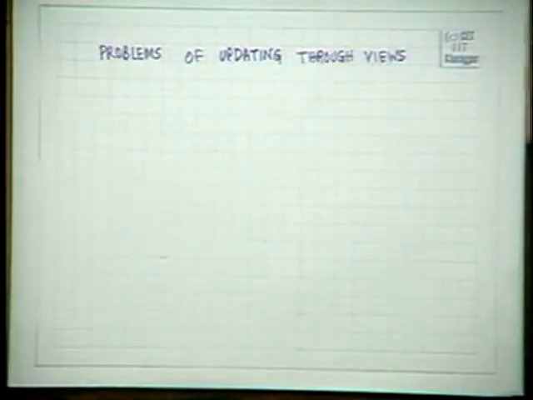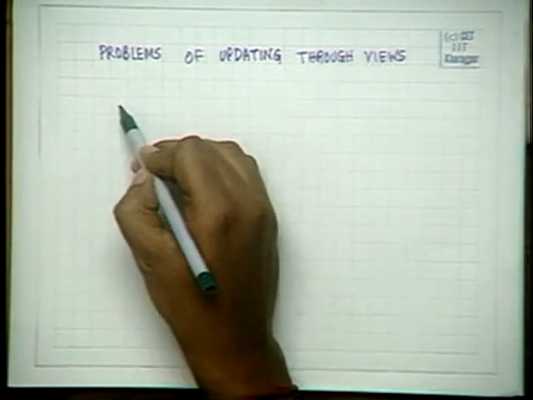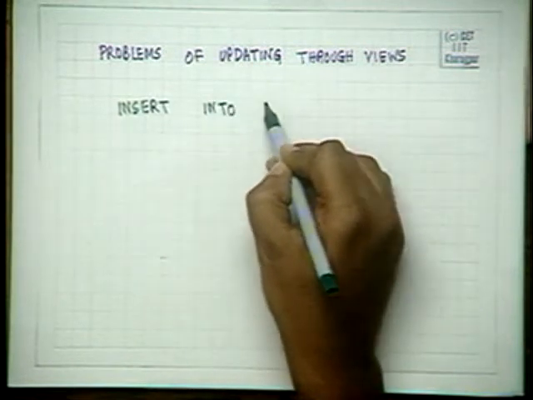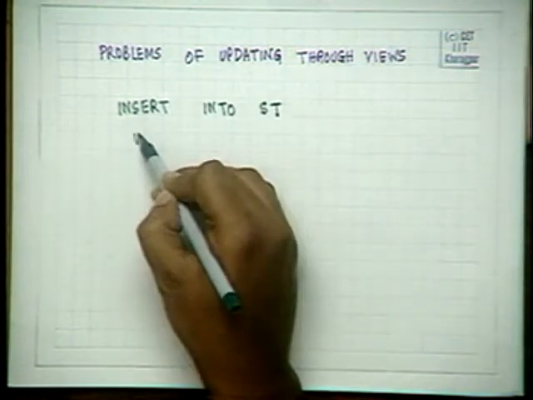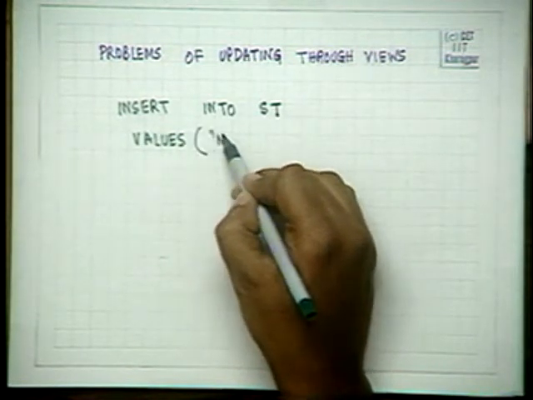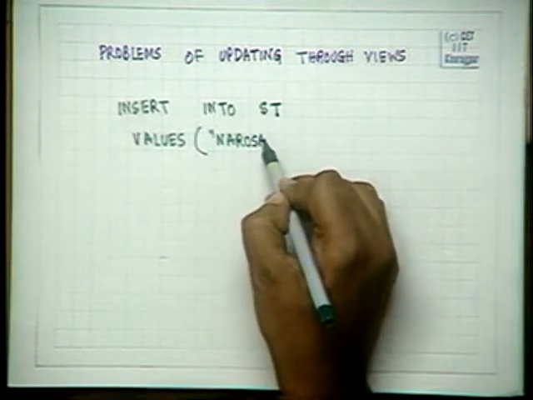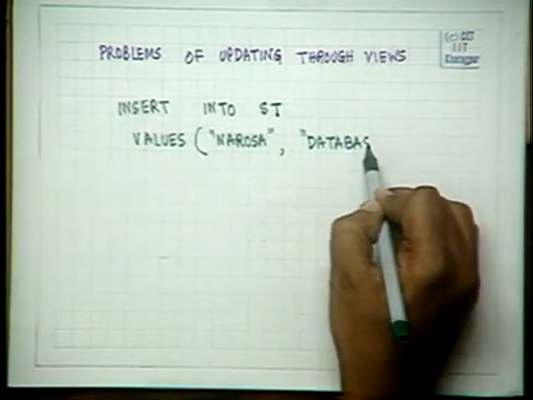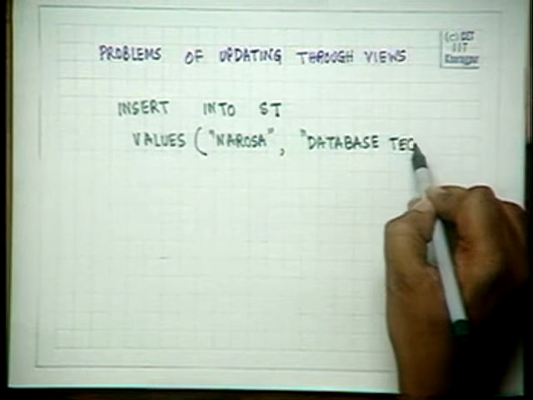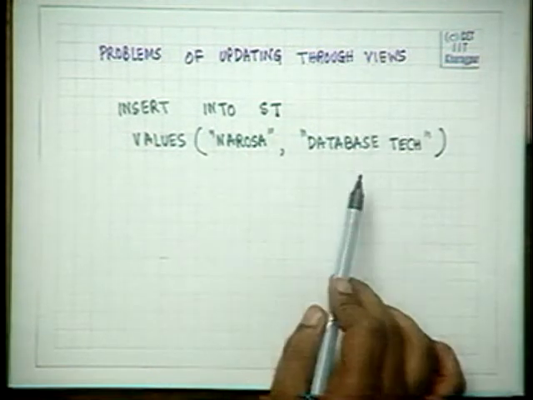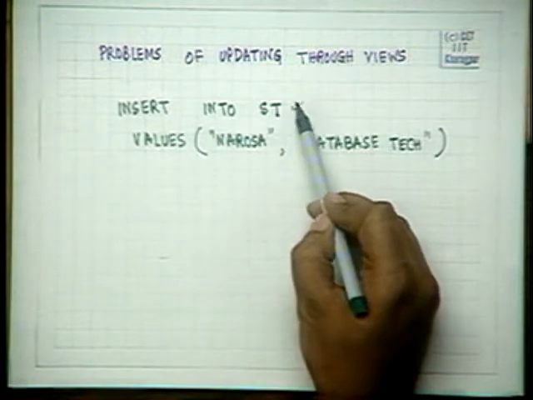So if by chance I write insert into ST values, a supplier name and a title, say NaroSign database technology. Now ST has got S name and title, so I put these two, but this ST actually does not exist.